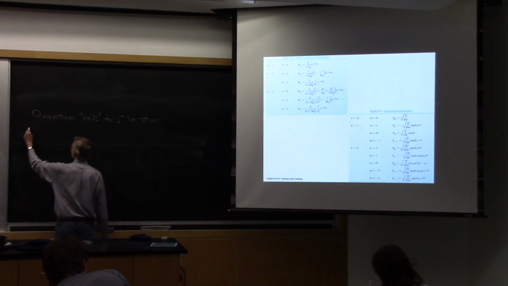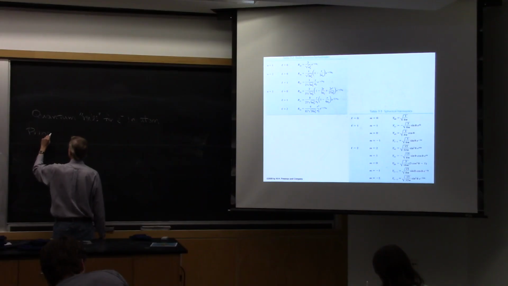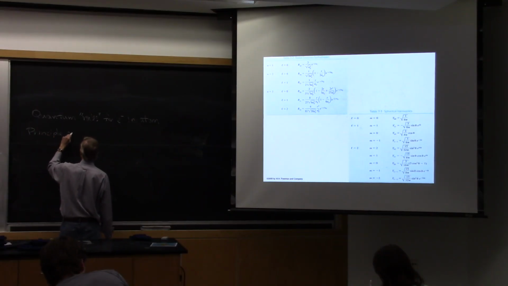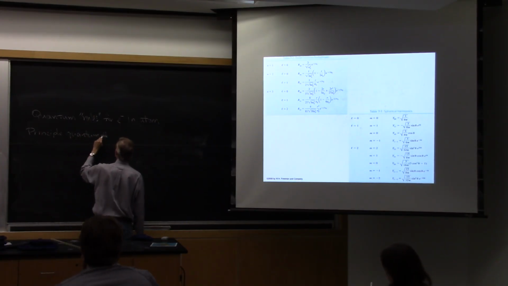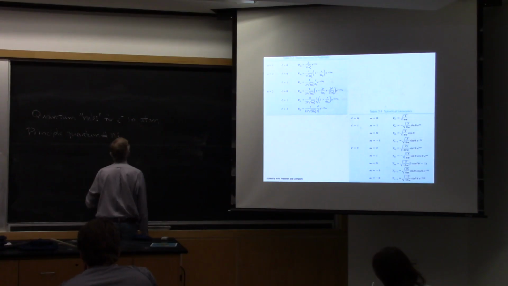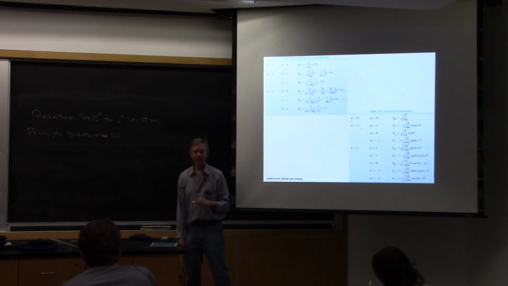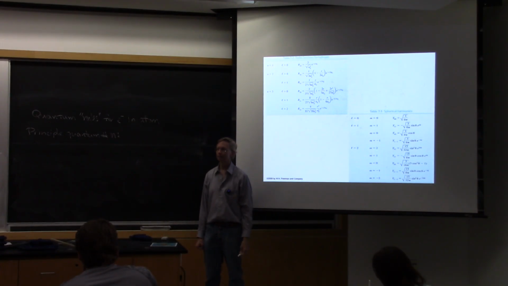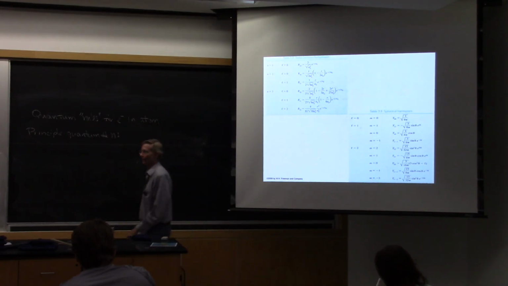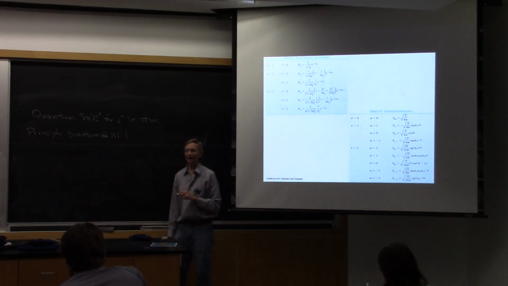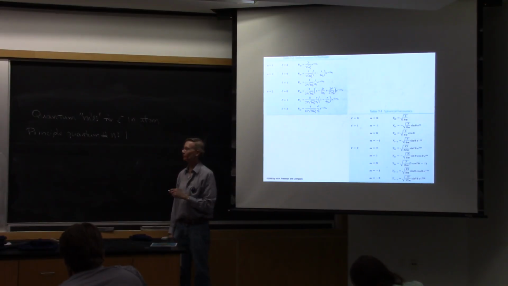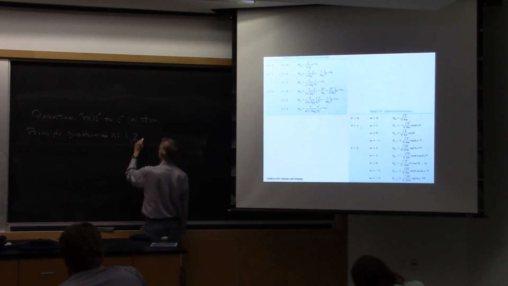The principal quantum number n, what values can n take? What's the smallest value of n? Yeah, 1. And what's the next value that it could take? 2, 3.